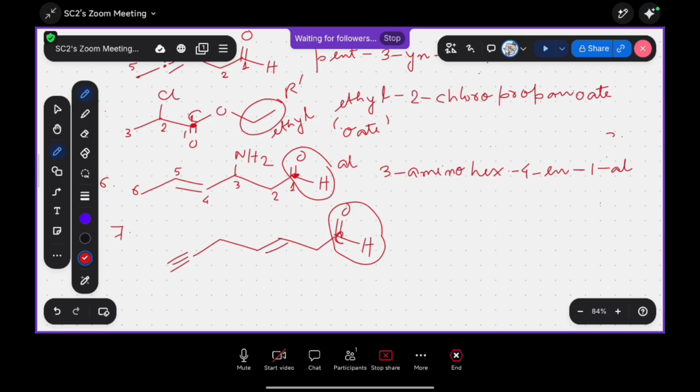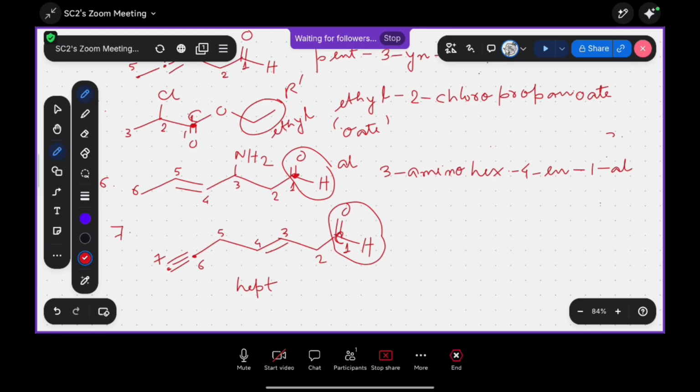So again, let's number it: 1, 2, 3, 4, 5, 6th carbon and the 7th carbon. What did I say? The functional group carbon atom will be given the lower locant. In the beginning only it is said. So that means no side chain is there, so simply move to the word root.